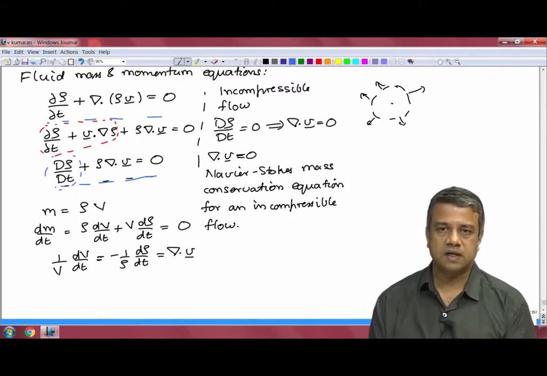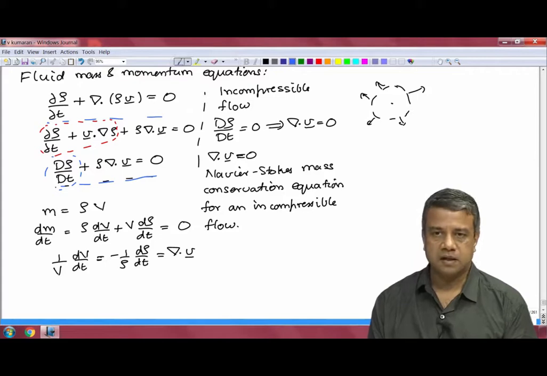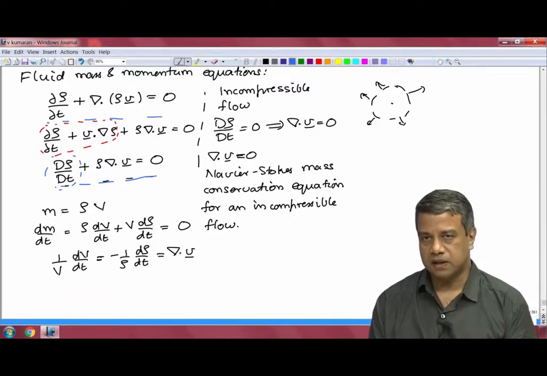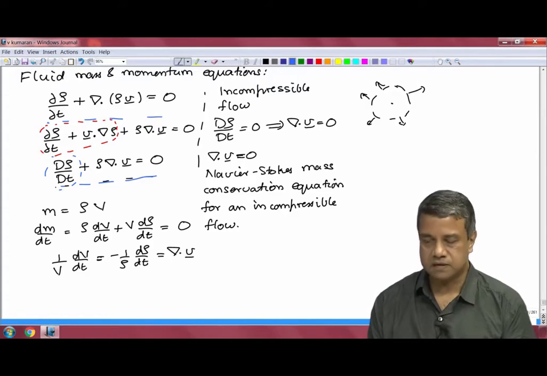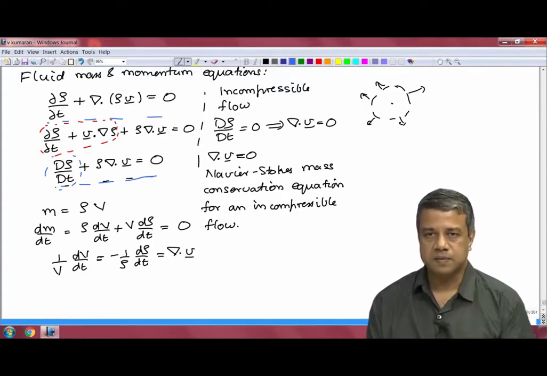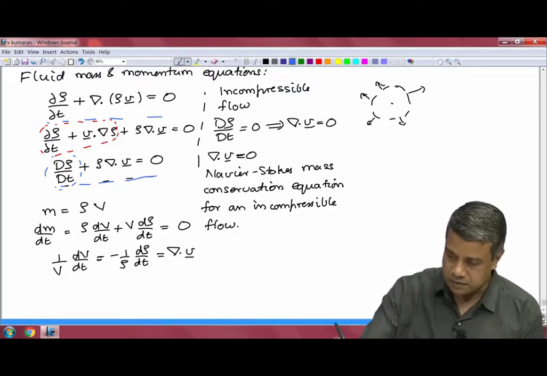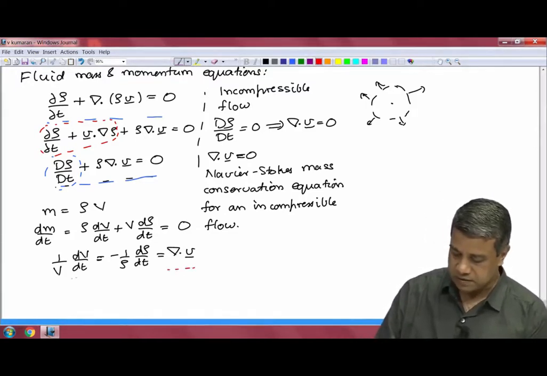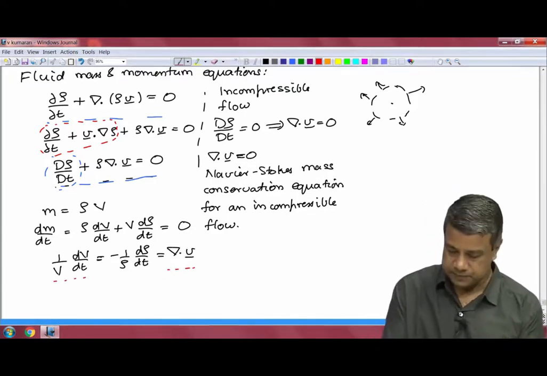That means there is no net divergence of the velocity vector from any location. That conserves volume. If density is a constant, then mass is also conserved in that case. So, the divergence of the velocity is the rate of volumetric expansion or compression divided by the volume.